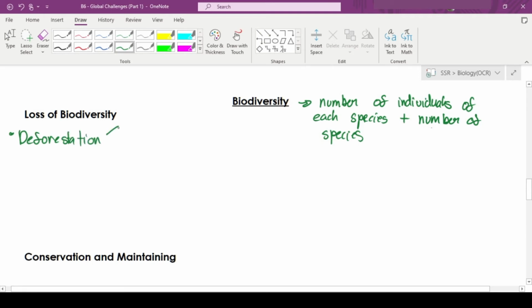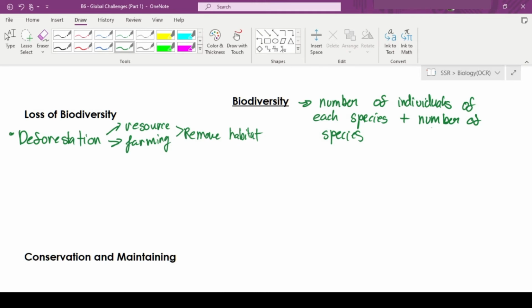And this has been done for the resources that are in the forest, but it is also being done more and more for farming, to create mass farms. And both of these things are going to remove habitat. So all the organisms that live in the trees or around the trees no longer have a place to live, and they will die off or move elsewhere. And that'll mean that biodiversity goes down.